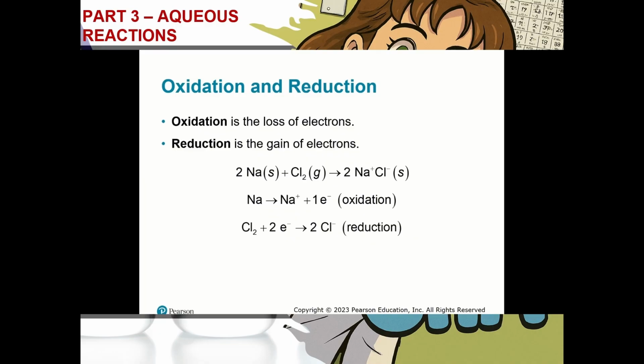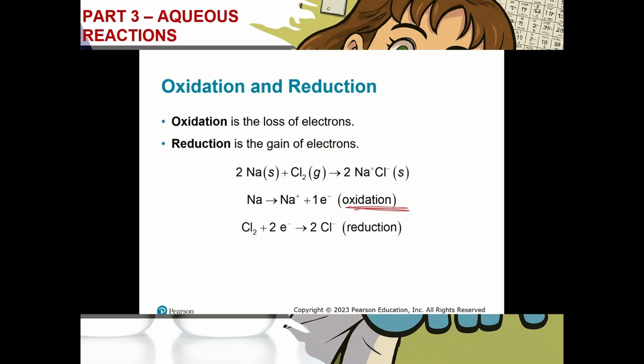In an oxidation and reduction reaction, the element that suffers oxidation loses electrons, while the one that suffers reduction will gain electrons. In this case here, sodium loses electrons, so it has oxidation.